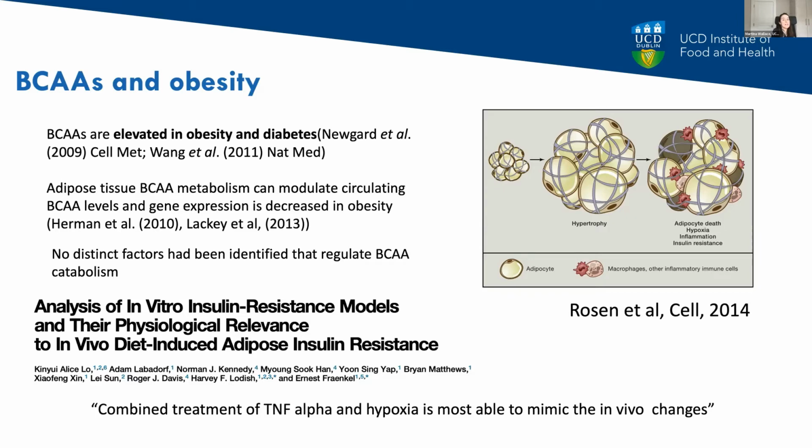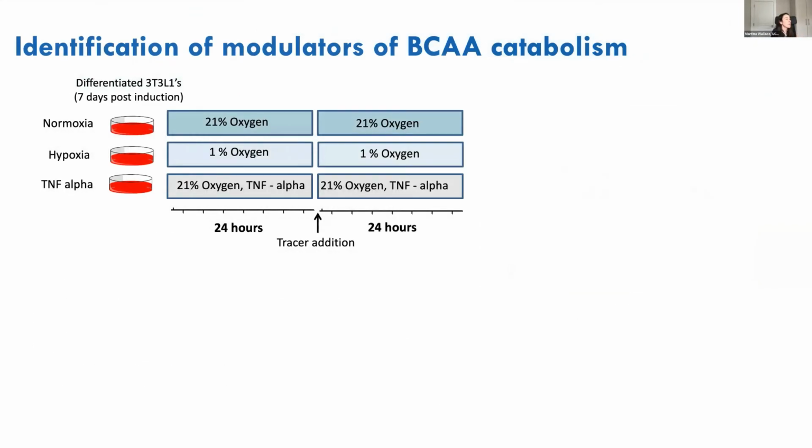So we decided to apply this to our cell system. To do this, I took the adipocytes and exposed them to hypoxia, or 1% oxygen, for 48 hours and added tracer after 24 hours. Or I exposed them to TNF-alpha for 48 hours and again added tracer halfway through.